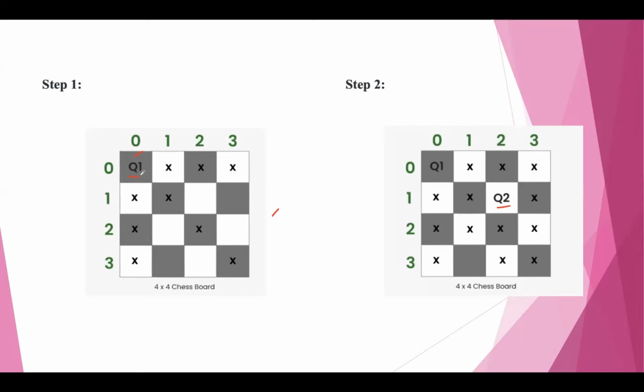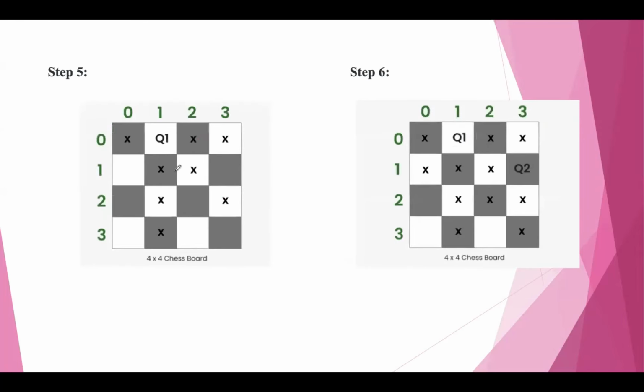You need to remove this Q1 also and place it at cell 0, 1. So instead of placing it at 0, 0, we are placing it at location 0, 1. Represent all unsafe cells: cells in the same row, same column and diagonal cells.